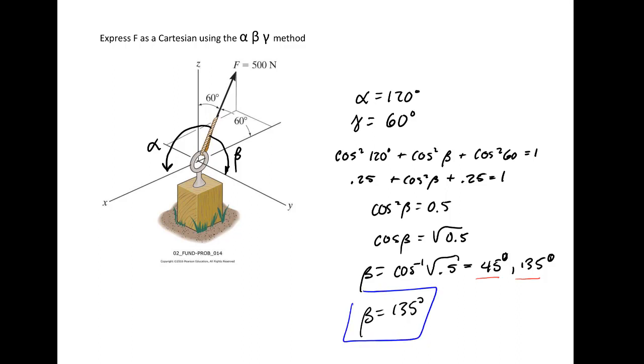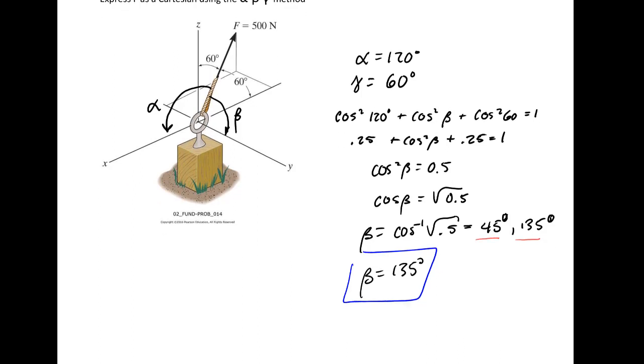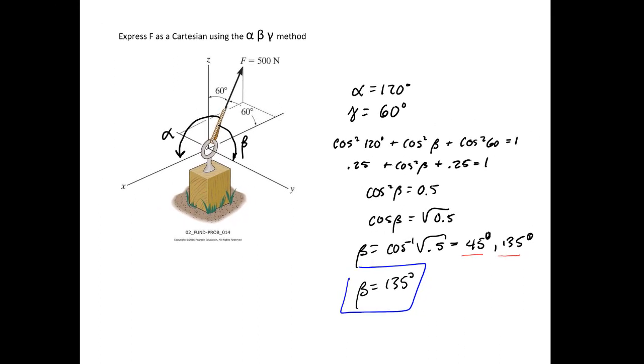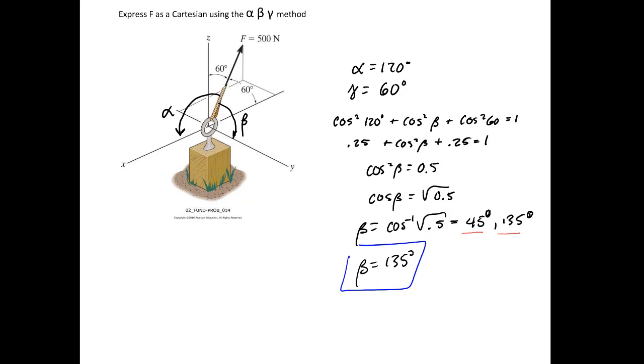All right, what we're looking for is the Cartesian coordinate or Cartesian description of this force. The magnitude is given, so I'm just going to say F is equal to 500, which is the magnitude, times the cosine of alpha in the i direction, plus cosine of beta in the j direction, plus cos gamma in the k direction.